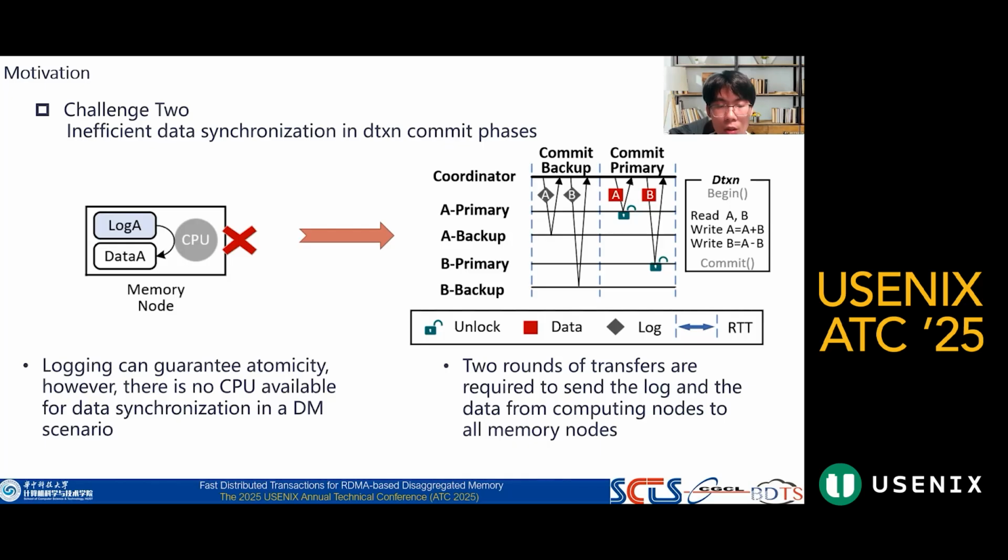So, coordinators have to send the log and the new data from the computing node to all memory nodes. As shown in the right figure, it takes 2 rounds of data transfers. This can cause heavy load on the RDMA bandwidth when the network traffic is heavy.